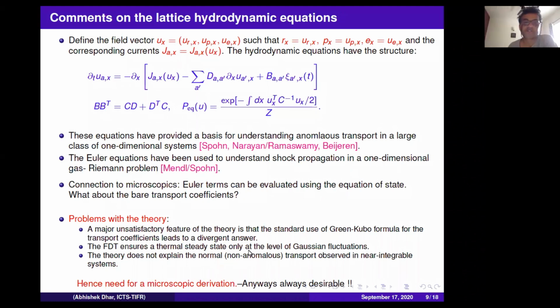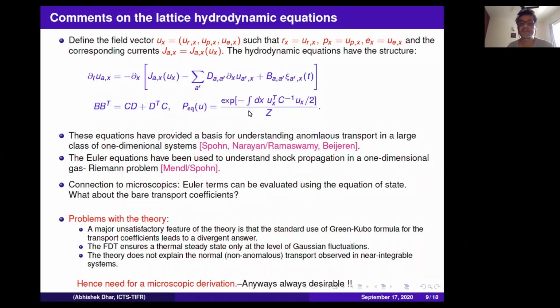And so anyway, independent of anything, it's always good to have a microscopic derivation because it's the same system, and you want to understand how everything in this is related to the original Hamiltonian, right? The divergence that you're talking about, is this the kind of thing that you see in mode coupling theory with the long time tails emerging, or what is the divergence that you're talking about? Yeah, so the calculation is done using mode coupling theory, for example, but that of course usually is for the renormalized diffusion constant.